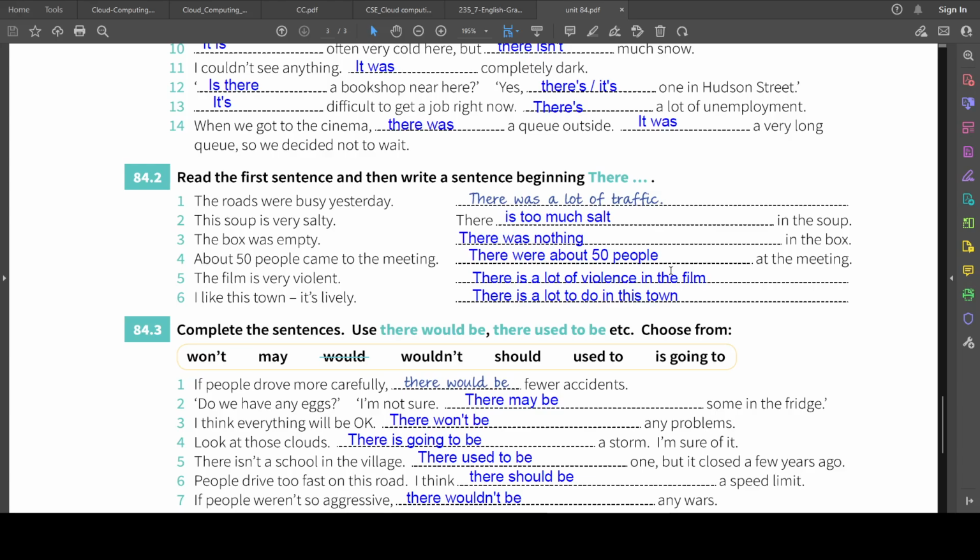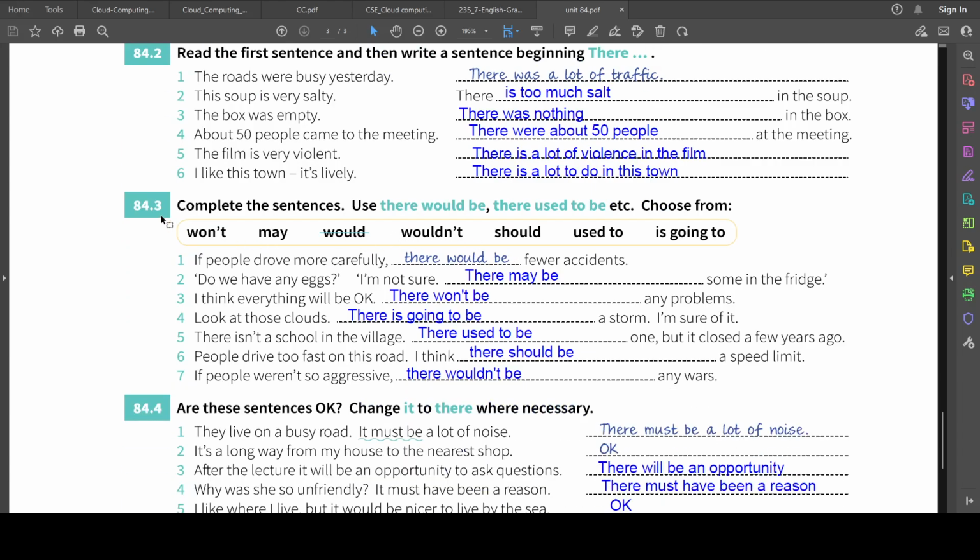You know, there isn't anything in the box. There were about 50 people at the meeting. We're talking about 50 people existing at the meeting, and the same in the next examples.